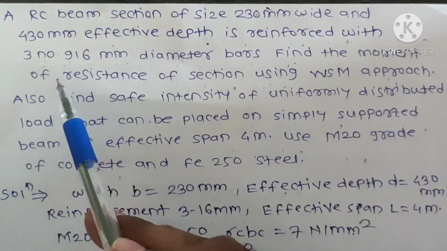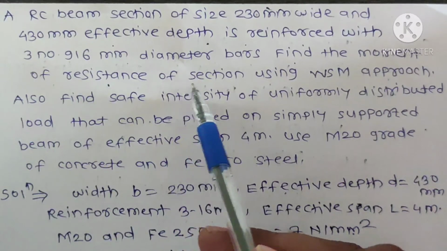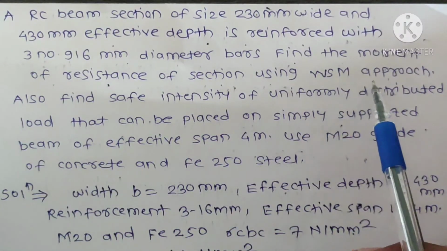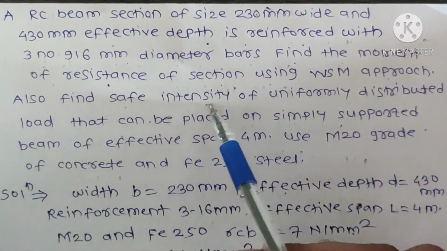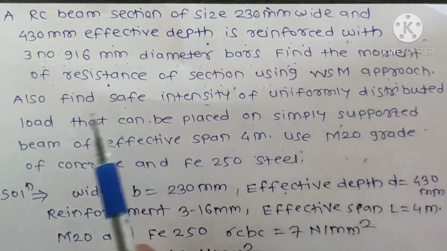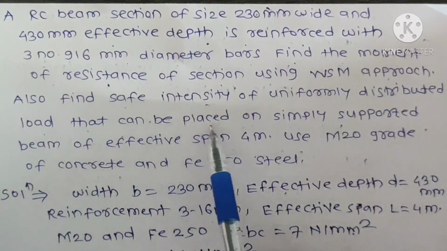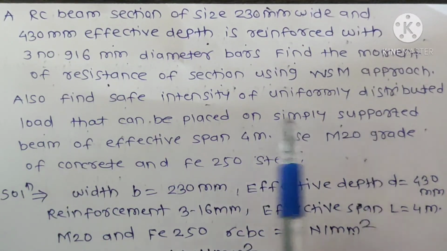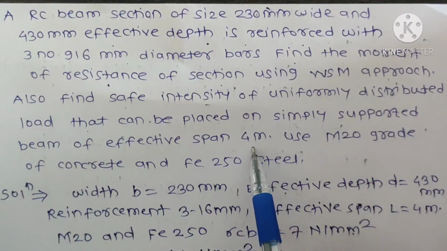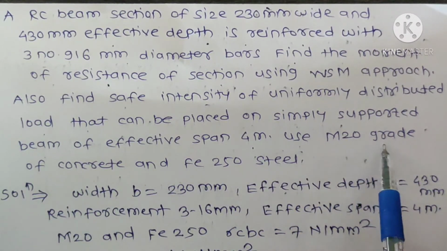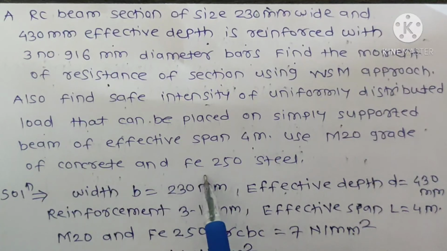Find the moment of resistance of the section using the WSM approach. Also find the safe intensity of uniformly distributed load that can be placed on a simply supported beam of effective span 4 meter. Use M20 grade of concrete and Fe 250 steel.